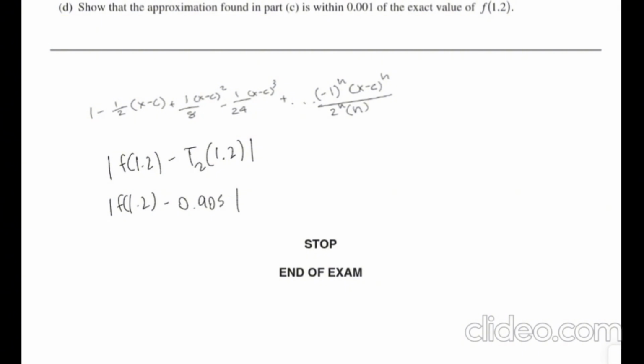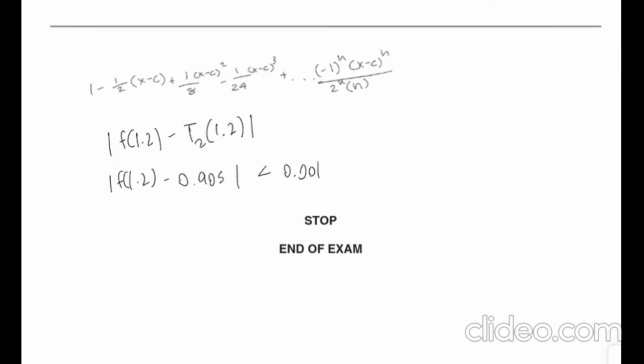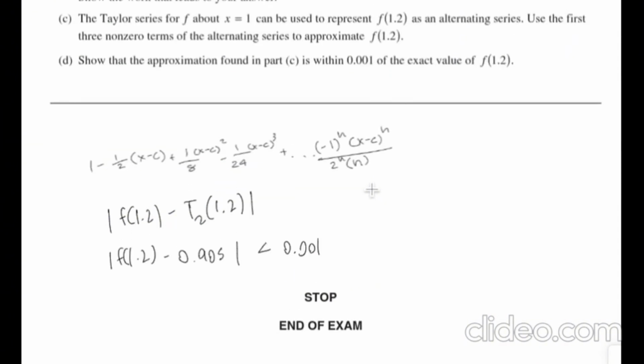Pretty much we just need to prove that that is less than 0.001 or within that much of the exact value. So pretty much one of the rules when solving for this error is that terms of the series, if they alternate, they must decrease in magnitude, which here we can see that they do.